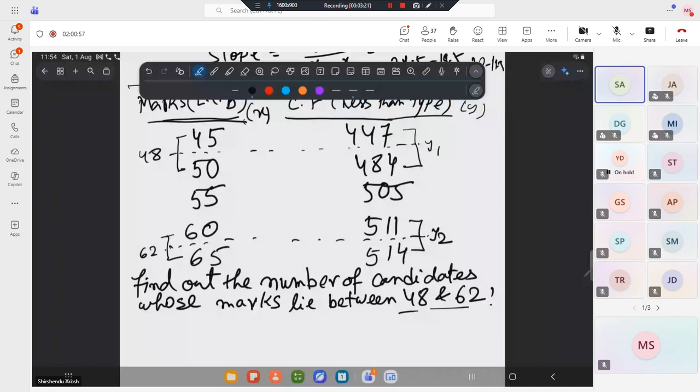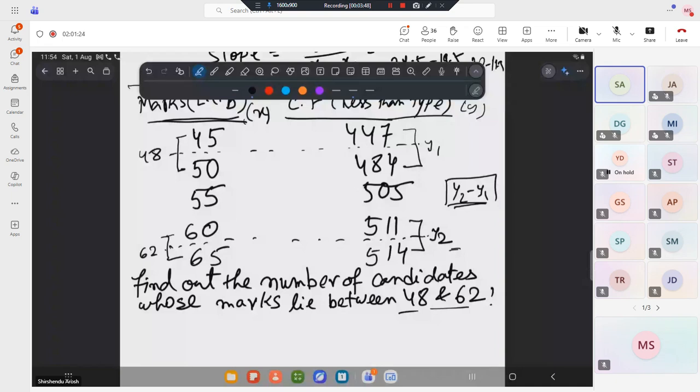That is the less than type, right? And y2 tells me that below 62 this many students are there. So y2 minus y1, of course y2 should be higher, is going to give me how many students are there between 48 and 62.